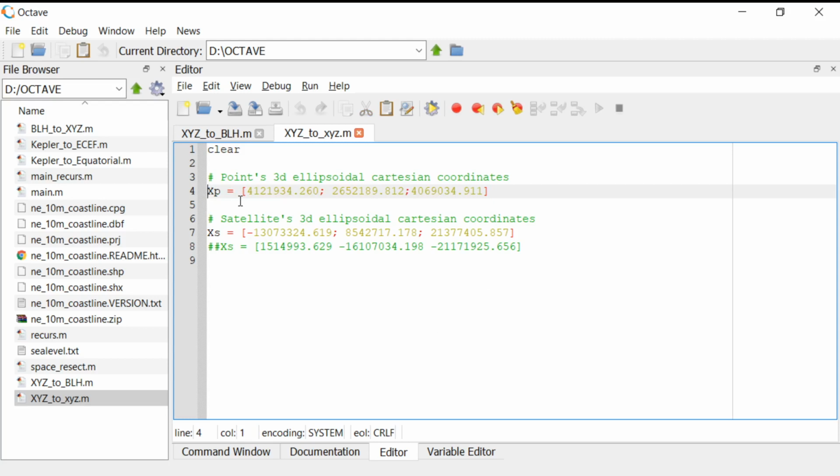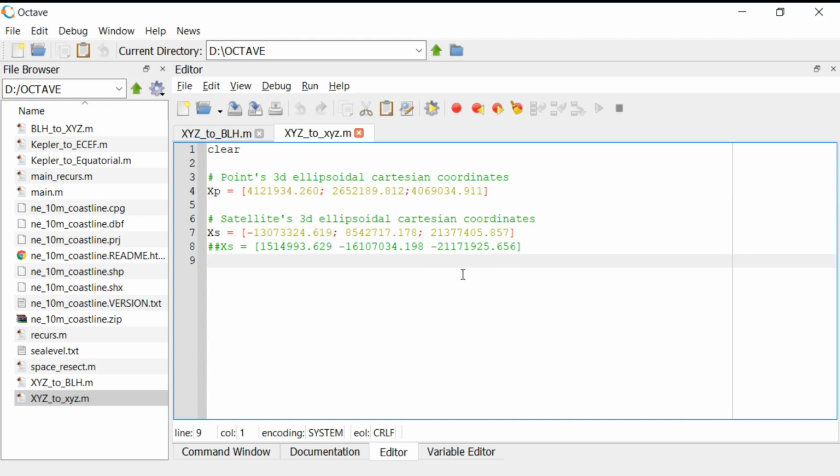As you see here, xp does not denote the x component of the satellite. It refers to the vector, so x, y, and z of point P. For example, this is the x component, y component, and z component. And again, on the satellite side, the satellite's coordinates are given here, x, y, and z.